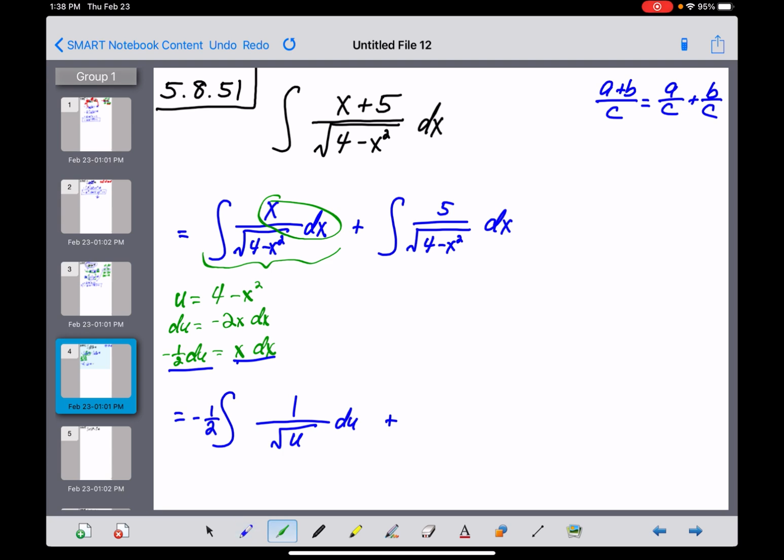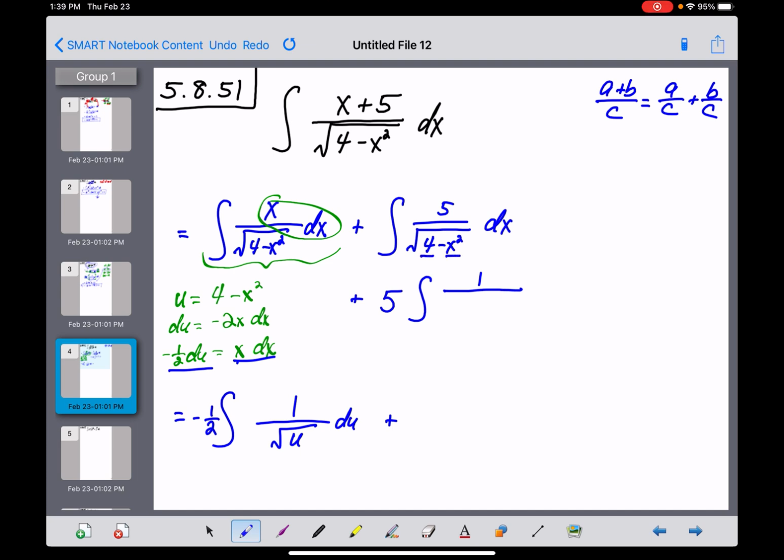Plus, but now it's time to shift gears, and I'm going to shift colors too. I shouldn't use u twice, everybody, so I'm going to do a w substitution right over here on this side. Although, now that I think about it, I'm probably not ready for that just yet. Hold that thought. For the second integral, I'm going to pull that 5 out in front. We've got the integral of 1 over the square root of a constant minus x squared.